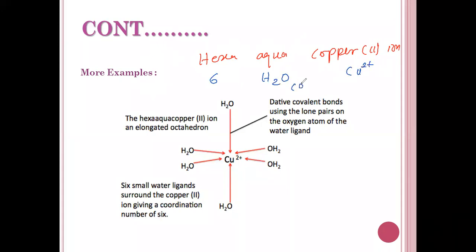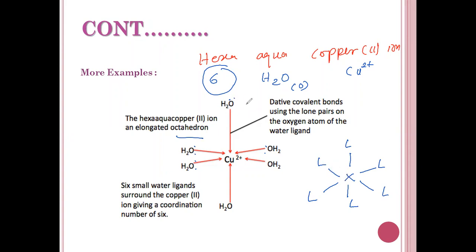Water is a neutral charge. So the 6 water molecules provide the lone pair present on the oxygen and form the octahedron. You will study the shape and everything later, when a molecule has 6 coordination bonds. The ligand is what provides the lone pair, and we call this arrangement octahedral.